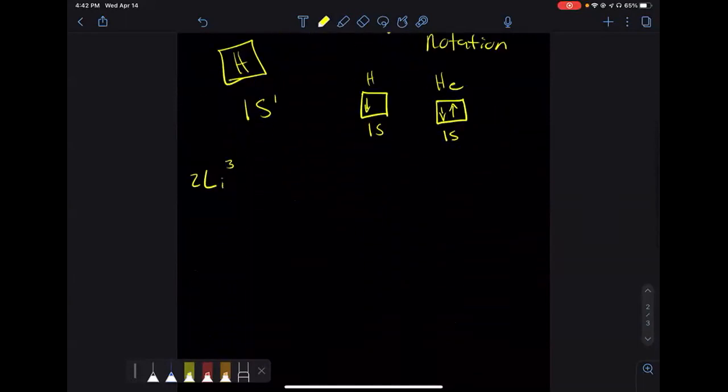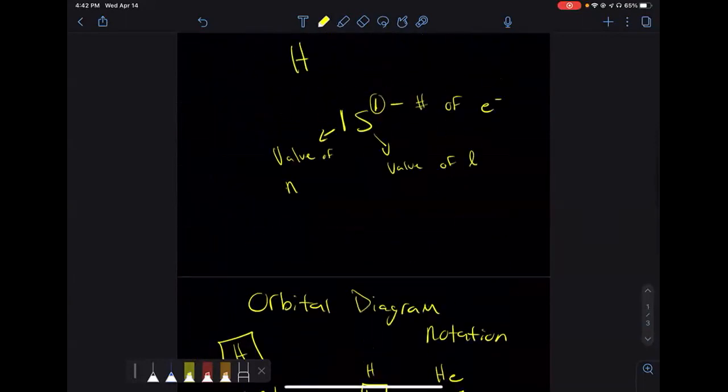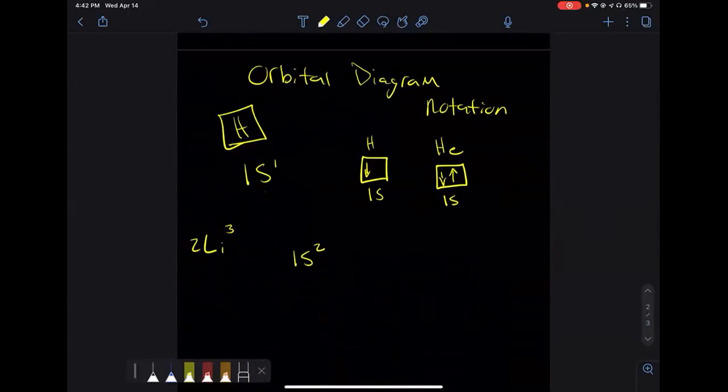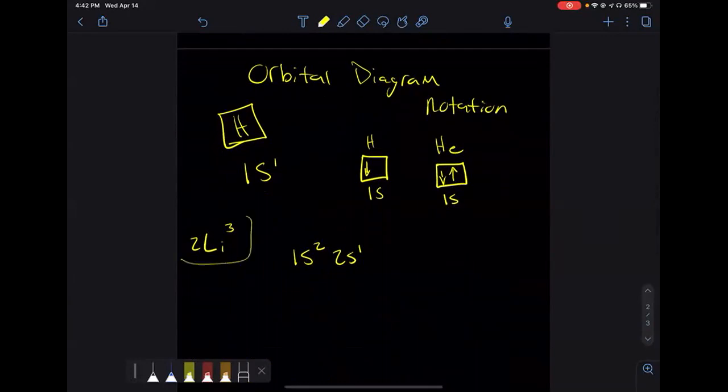First, it goes to the 1s orbital and has 2, and that would be helium if I had just left it like that. But I'm going to continue to the 2s orbital, and that's going to have 1 electron. So that's how we get this. This right here is basically the ending state, and that's represented by this right here.